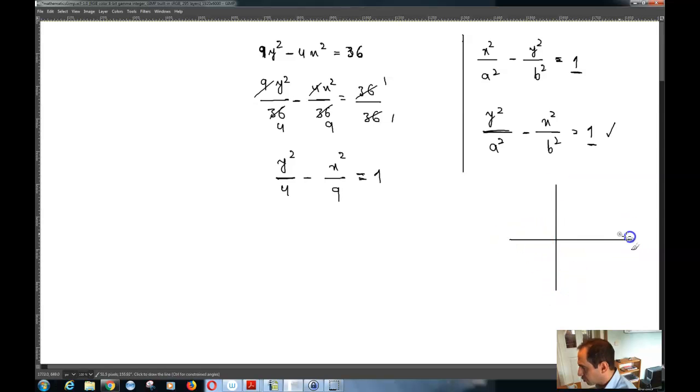Your points are all along this axis over here. Now, if I compare these two equations together, I get a squared is equal to 4 and b squared is equal to 9. That means that a is equal to 2 and b is equal to 3.